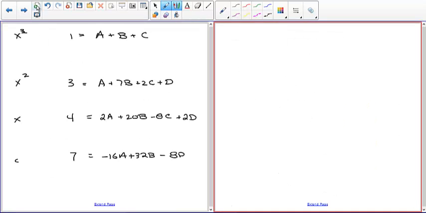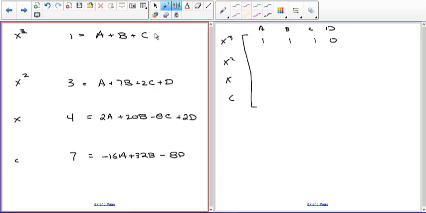And so if you guys remember what we did in physics, we would create this coefficient matrix which has the coefficients in front of a, b, c, and d. So I'm going to write those up here, a, b, c, and d, and we do x cubed, x squared, x, and the constants. For the x cubed, I've got 1 in front of all three of those, and a 0 in front of d.